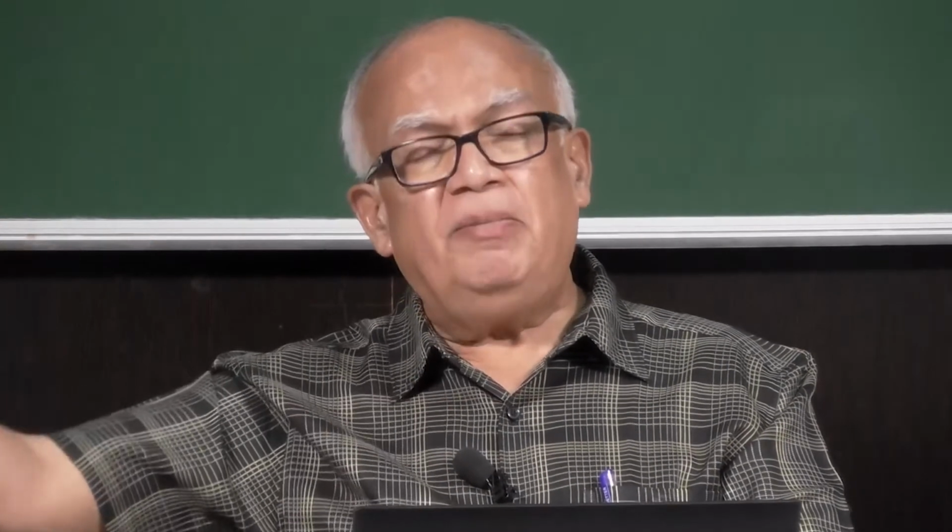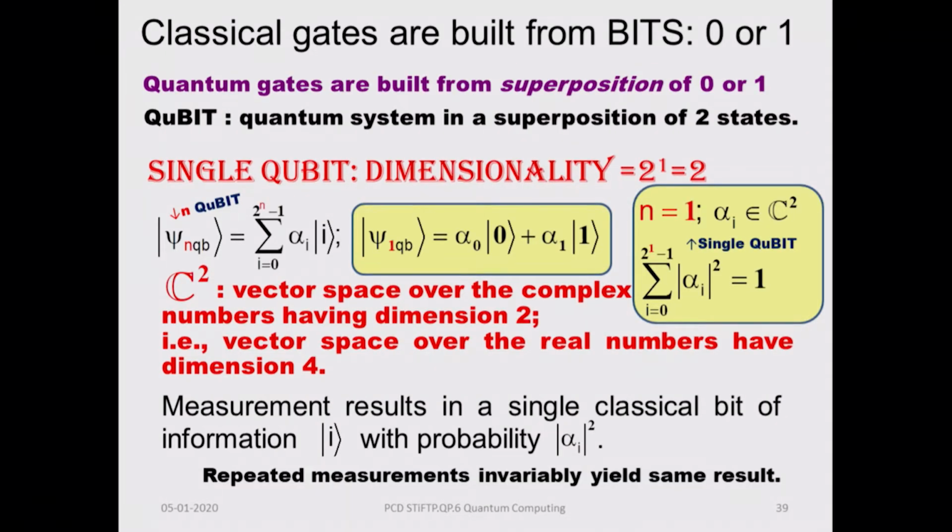But if the second measurement is using a magnetic field which is orthogonal to the previous one, then it will put it into a state of superposition. And the probability with which it will collapse into an eigenstate, either 0 or 1, will be given by the modulus squared of the complex amplitude.